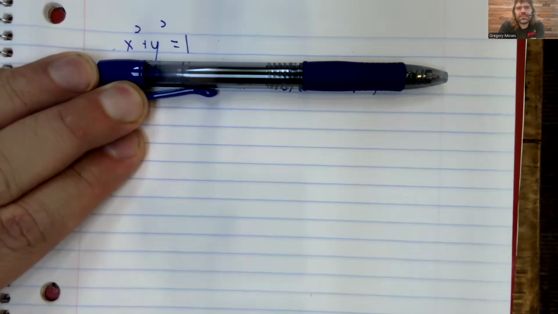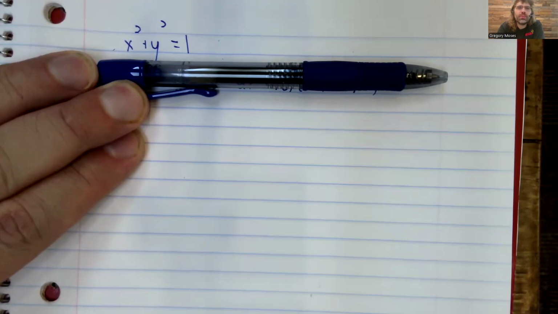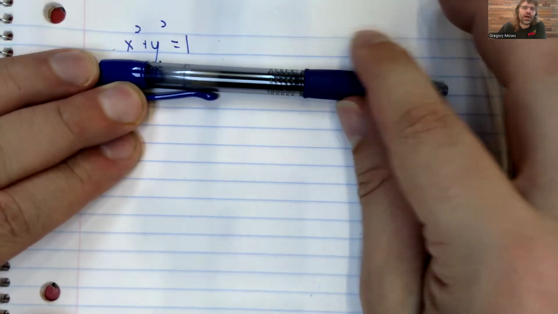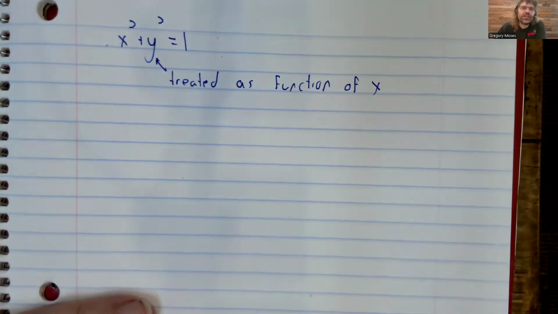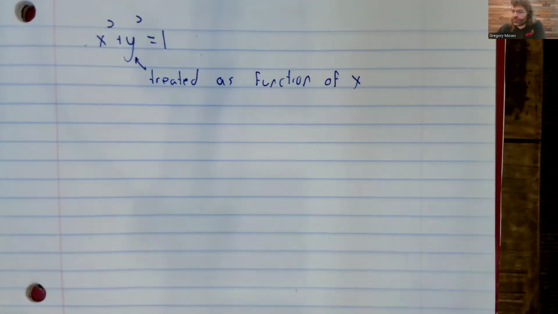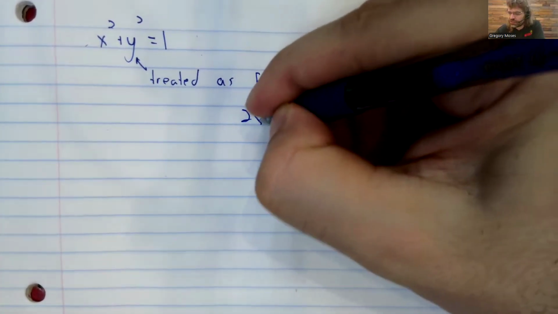What I'm trying to get across with that statement: we had x squared plus y squared equals 1. And we don't see any function notation here. We just see two variables, x and y. But when we did implicit differentiation, we treated y as a function of x.